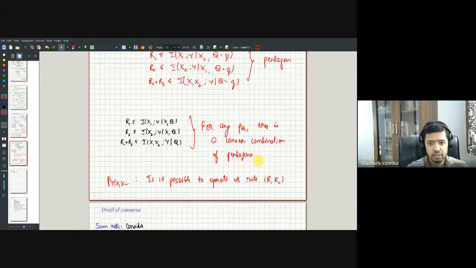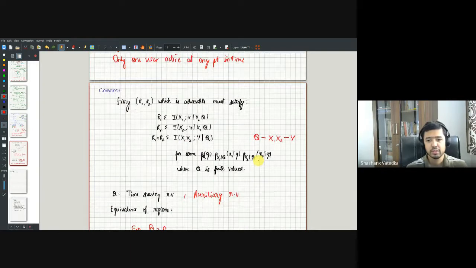But on the other hand, this description is much more convenient because all I now need to do is find a P(Q), P(x1 | Q) and P(x2 | Q), such that I can express R1, R2 as one satisfying these three inequalities, right? So it's easier to check whether a particular rate pair is achievable with this description.